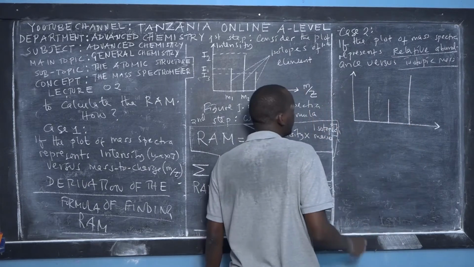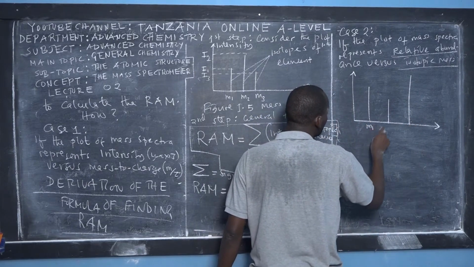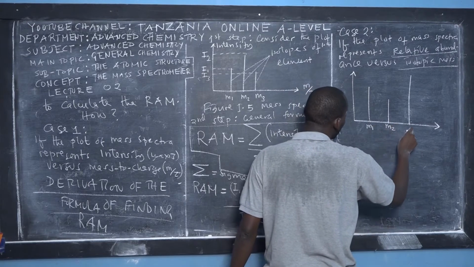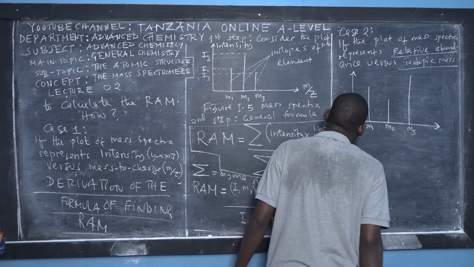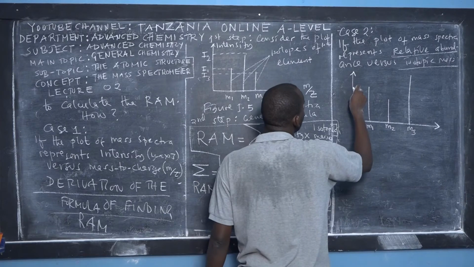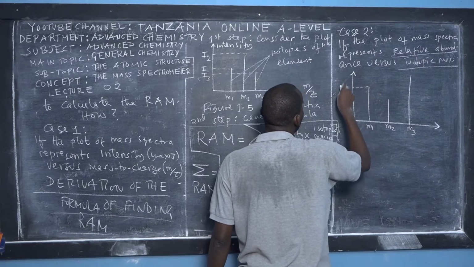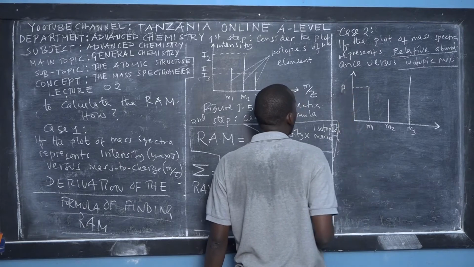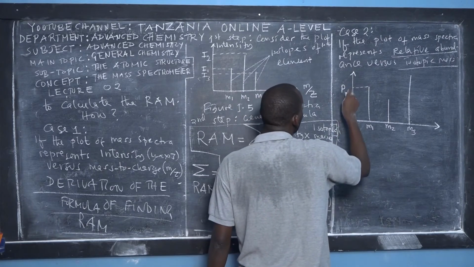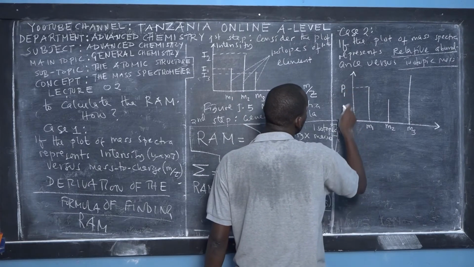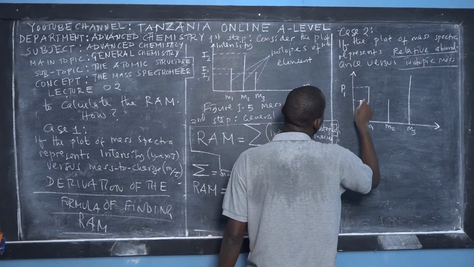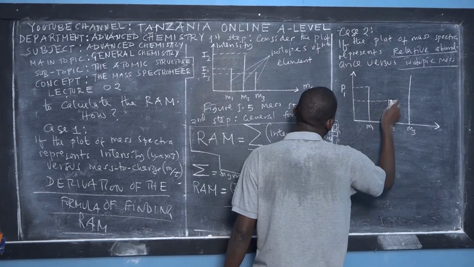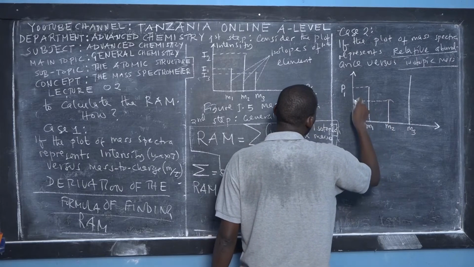So this is mass to charge ratio 1, mass to charge ratio 2, mass to charge ratio 3. Then this is relative abundance 1, and here we have another relative abundance.